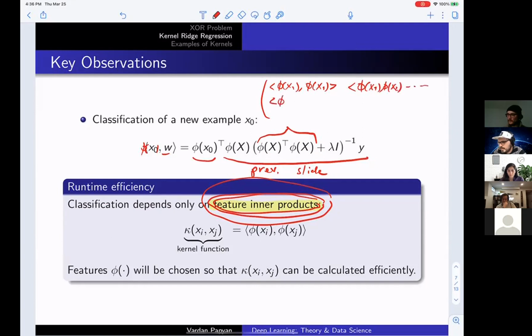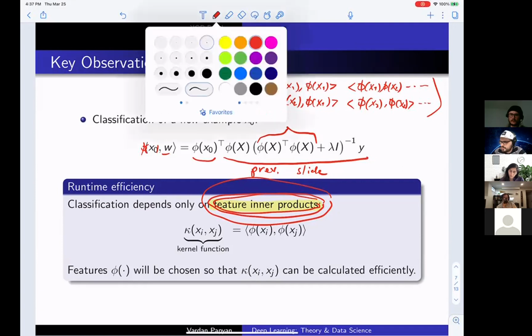Inner product phi x2, phi x1. Inner product phi x2, phi x2, right? So this matrix only depends on inner products of feature vectors.